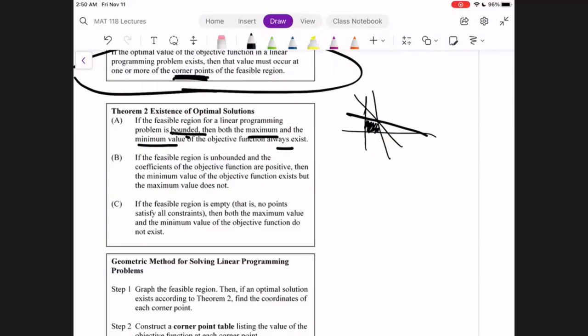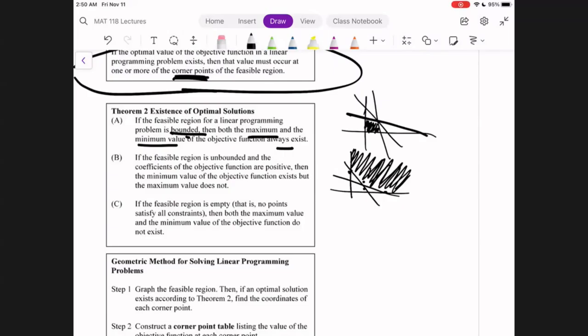If it's unbounded, then I have a min, but I don't have a max. What unbounded means is that I would keep shading forever in that direction. Then I know I have a minimum, but I don't have a max, because if you tell me a point that would give you a large value, I can tell you an even larger point.